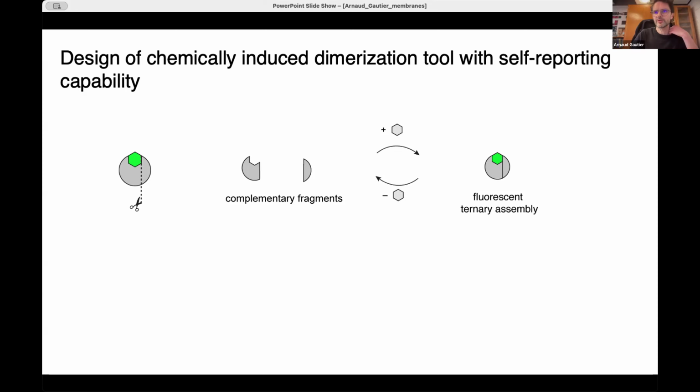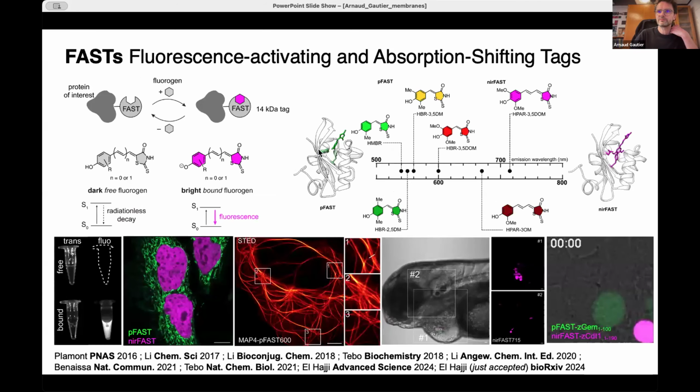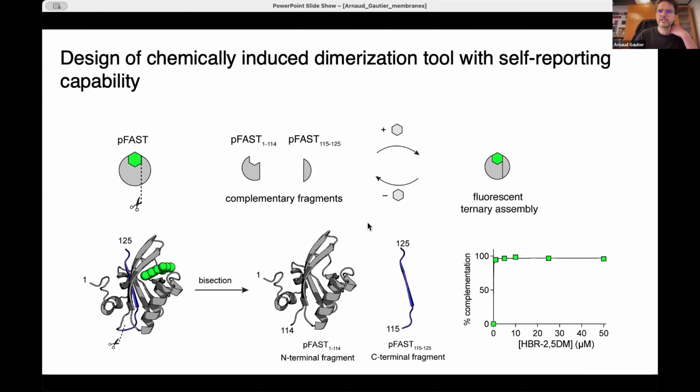So to do this, we used our pFAST protein, so this one that binds these chromophores. And we split it in two complementary fragments between positions 114 and 115, giving two fragments of very different size, a very small one of only 11 amino acids and a large one of about 114 amino acids.